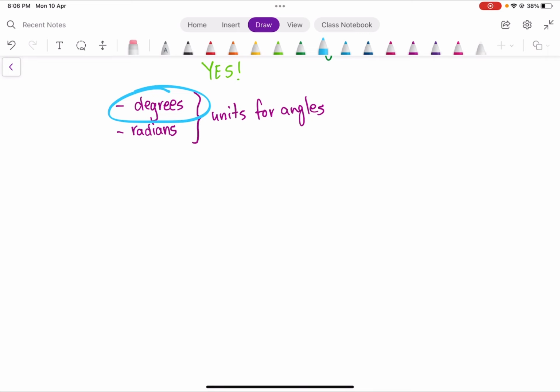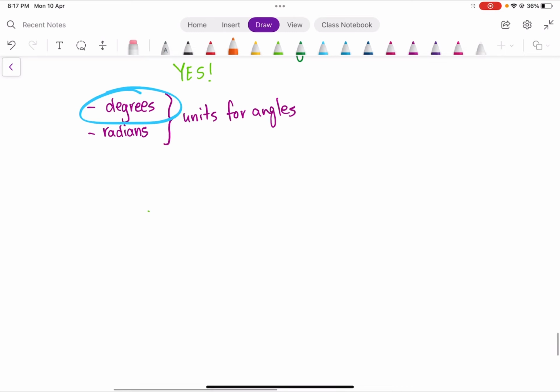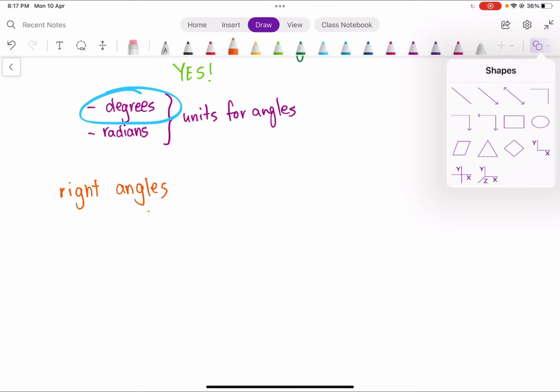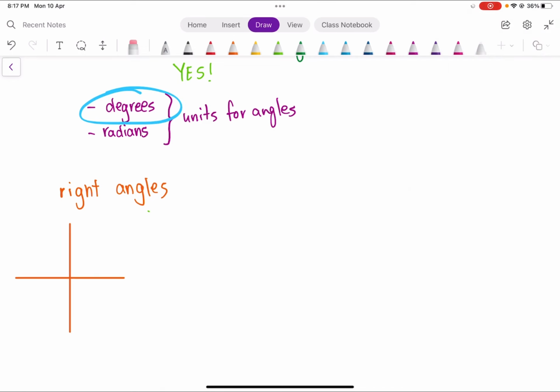So, first of all, let's talk about different types of angles. Let's talk about right angles. So to show you what a right angle is, I'm going to use this figure that I have been provided with. So over here, do you notice how this is shaped like a plus sign?